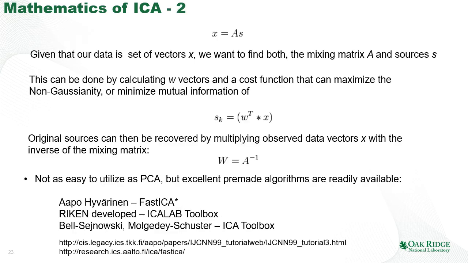And this is a slightly more formal definition: if our data is a set of vectors, for example, time traces, which is mixed via some matrix, what we want to find is both the mixing matrix and the sources. This can be done by calculating the weight vectors and a cost function that maximizes the non-Gaussianity, so we go against the law of big numbers, or minimizes the mutual information between your signals.